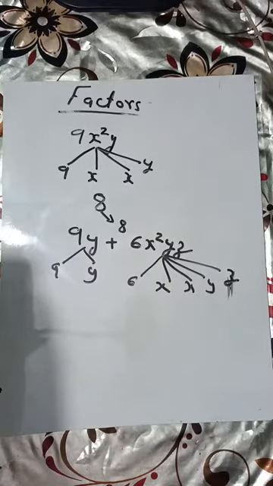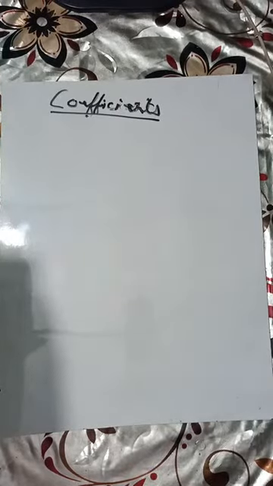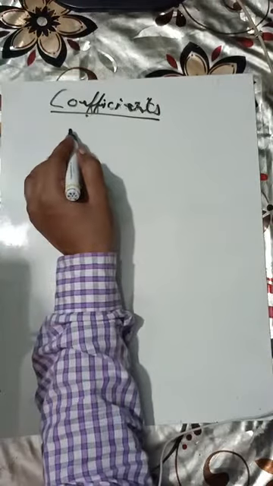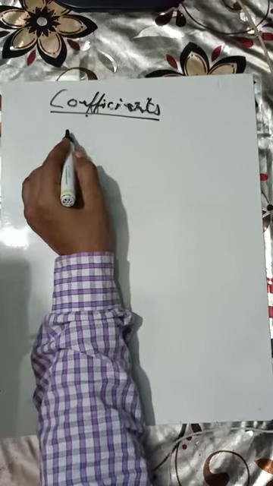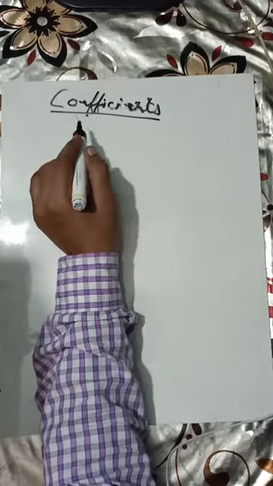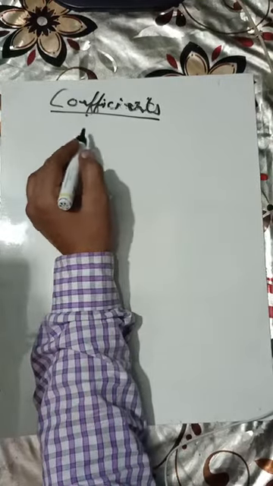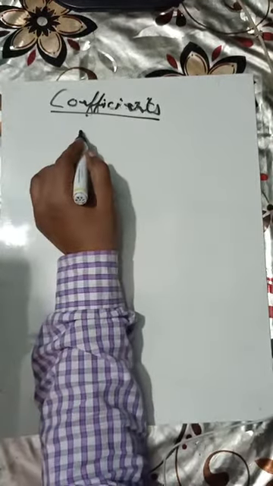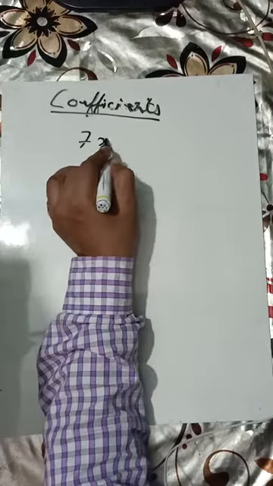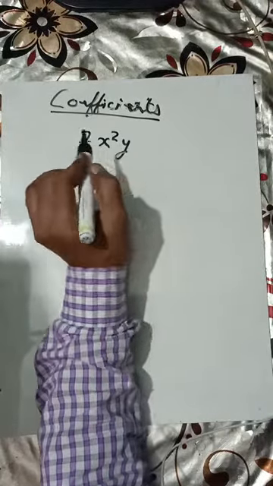Now the next topic is coefficients. To explain this, let me take one example. Let us take one term here. Coefficients and factors are generally based on terms. Let us take 7x square y.